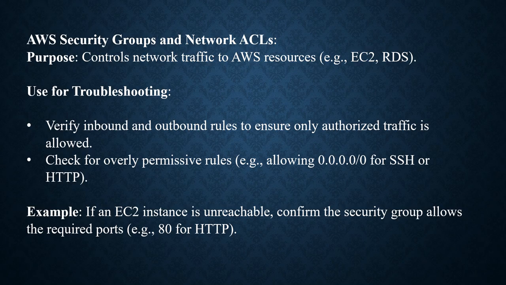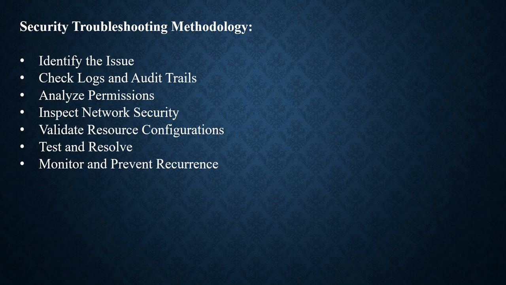Check for overly permissive rules, for example, allowing 0.0.0.0/0 for SSH or HTTP. For example, if an EC2 instance is unreachable, confirm the security group allows the required ports, SSH or HTTP.